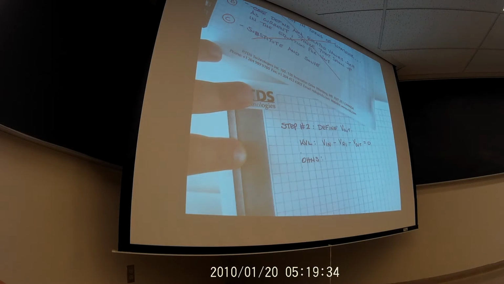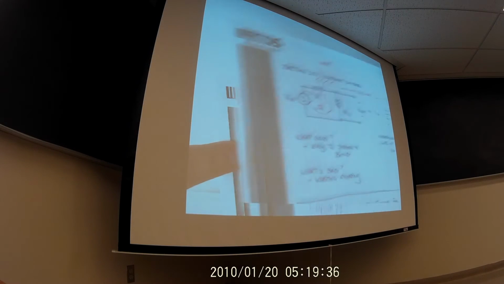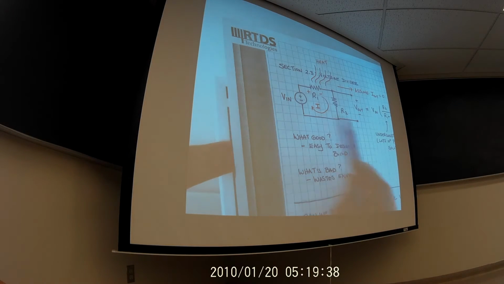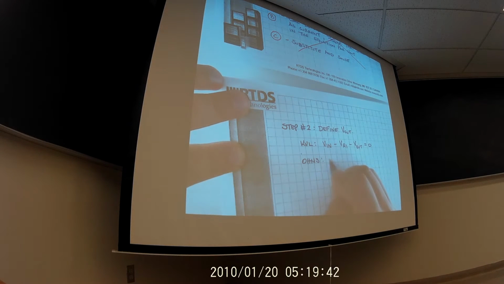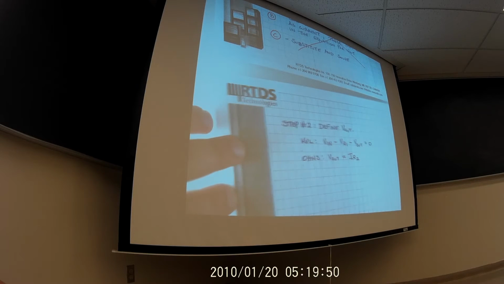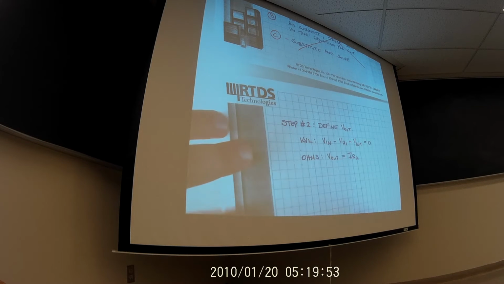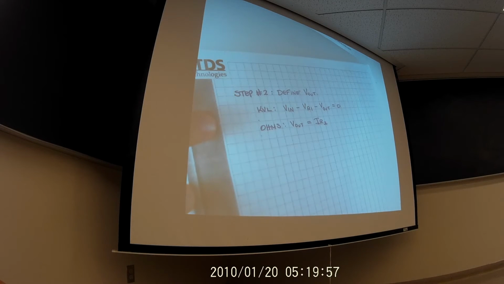Okay? Ohm's law is going to say that I, R2, equals V out. Okay, so we have 2 different options. Now, what we're going to do is, we don't have to choose yet.